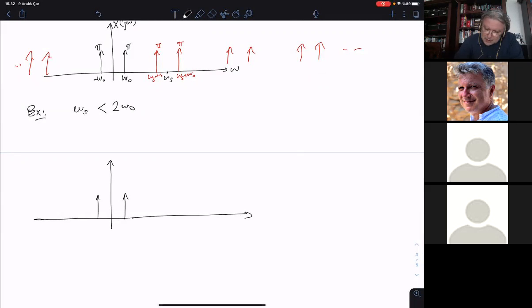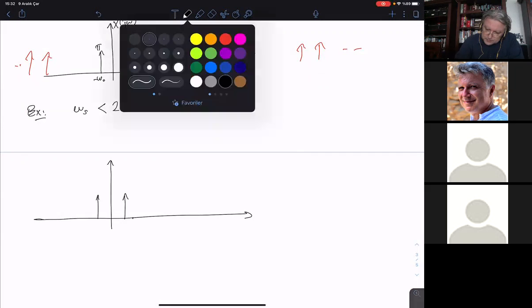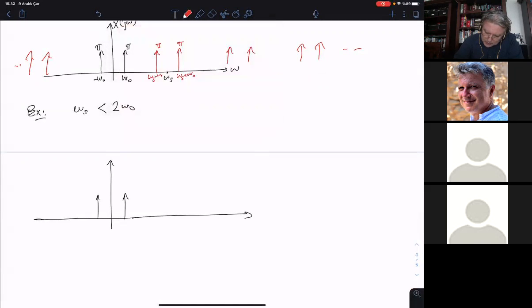So around that, I put two impulses, which will now be inside the first impulse. Because as you see, this size and this size are both omega 0. And this is omega s here.